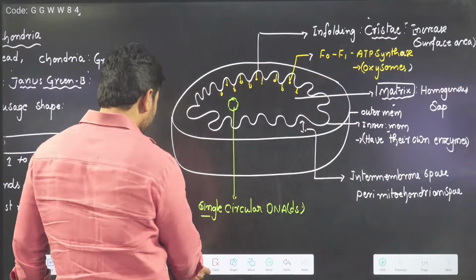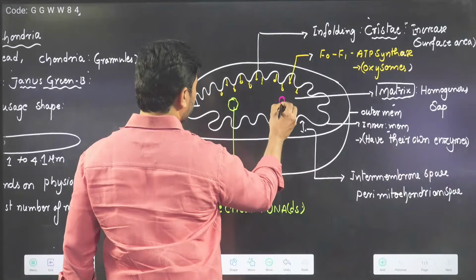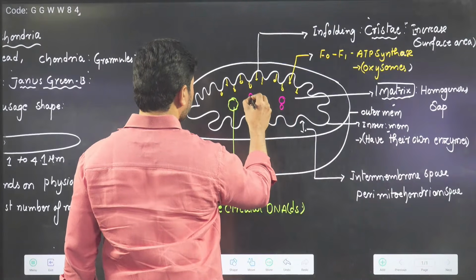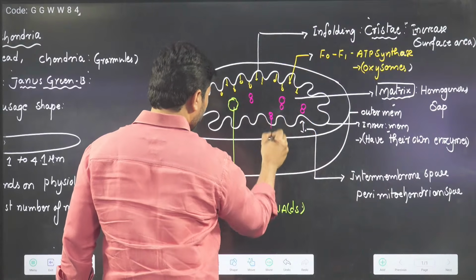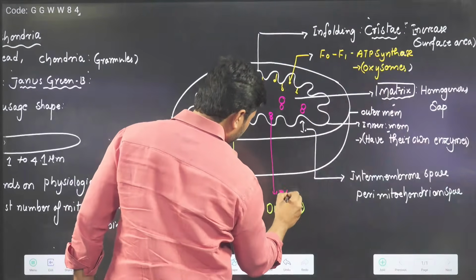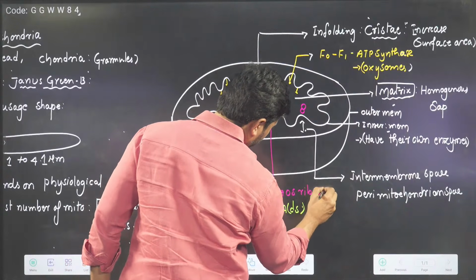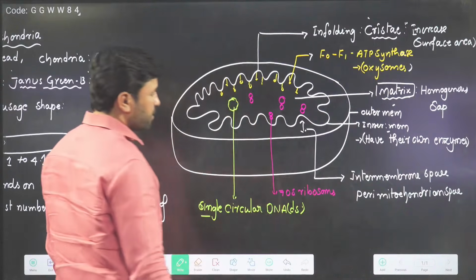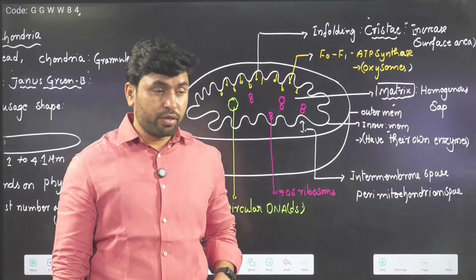And in addition to that, there will also be some special variety of ribosomes. These ribosomes are called 70S type ribosomes. The same 70S type of ribosome you have seen even in the prokaryotic cell.